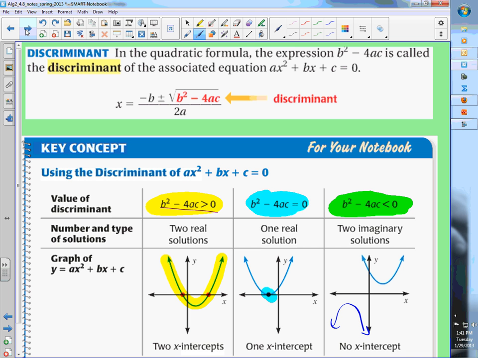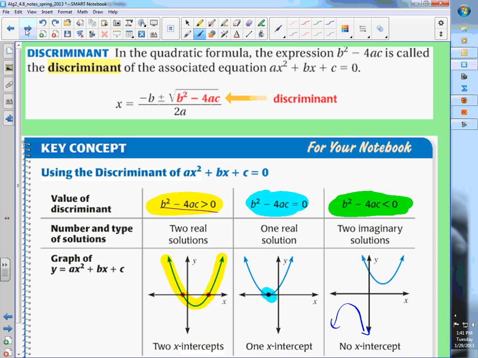If b squared minus 4ac is equal to 0 exactly, you're going to be touching the x-axis at the vertex. And there's only one real solution. That solution is called a double root. And on top of that, it means your original quadratic right here is a perfect square trinomial.